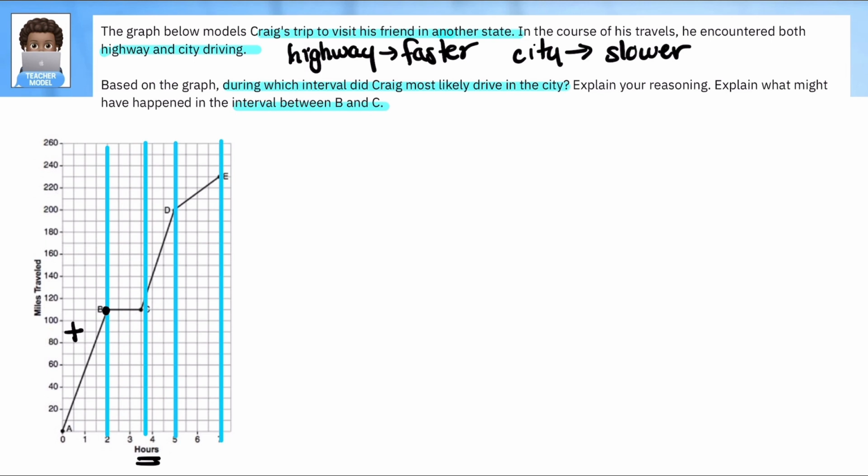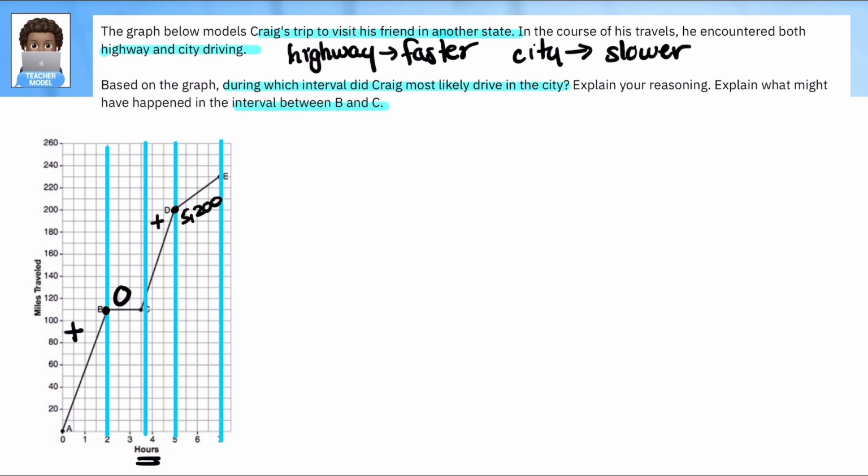But then in the second part of the story, between B and C, between hours 2 and 3.5, so about 90 minutes, the amount of miles traveled doesn't change at all. So he doesn't get any further. It just stays at 110. There's no increase at all. Then from 3.5 hours to 5 hours, it increases again. And he makes it all the way to 200 miles.